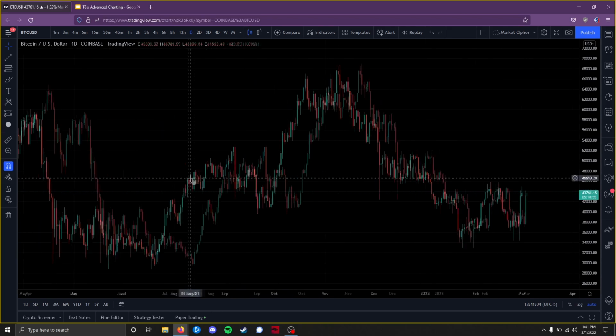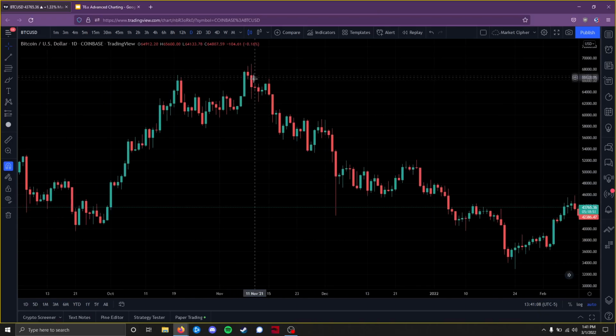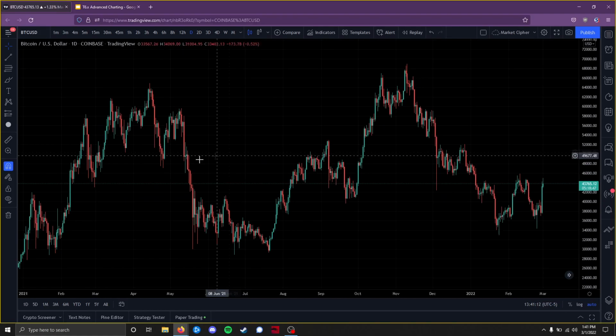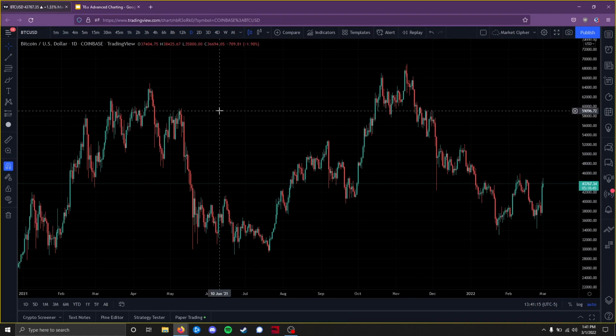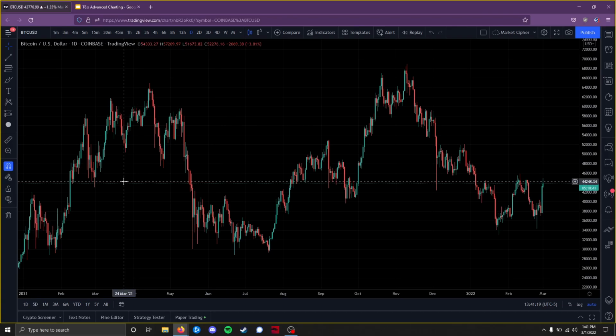And while it is important to see the specific information on that particular candle, sometimes when we're trying to look at the bigger picture of what's going on, regular candlesticks may not be as helpful.